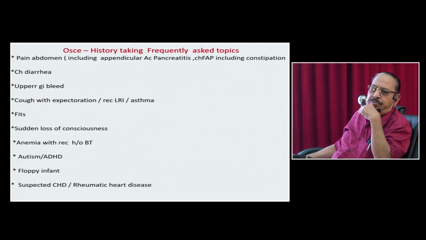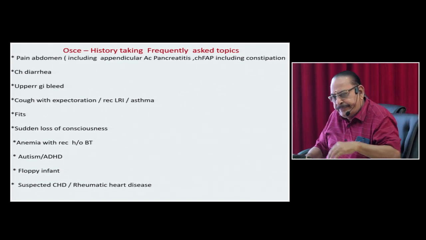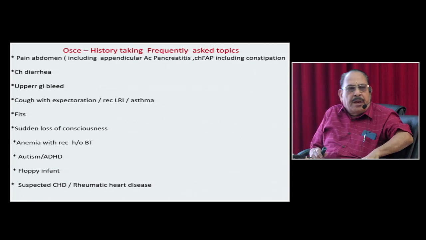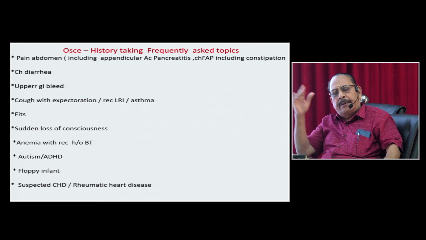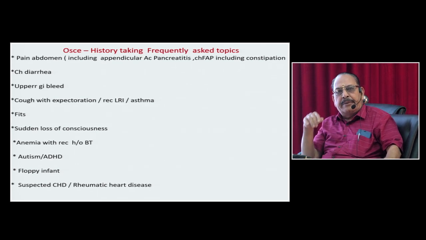If the child comes with a chronic abdominal pain, what is it that you take a history? 10 points for every symptom, at least 6 points you try to make. Duration of pain, site of pain, extent of pain, radiation of pain, severity of pain, character of pain.